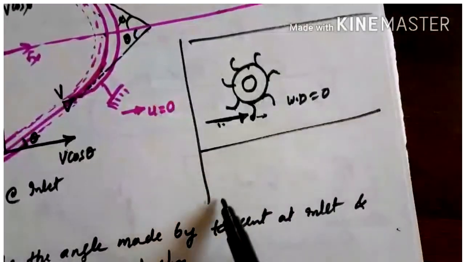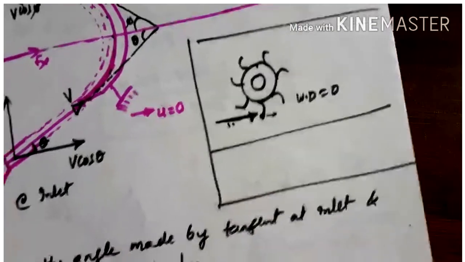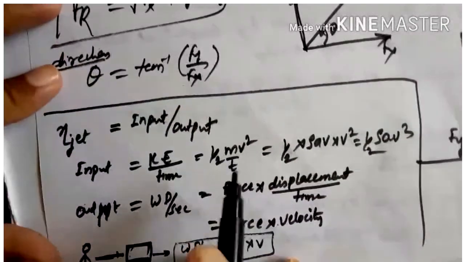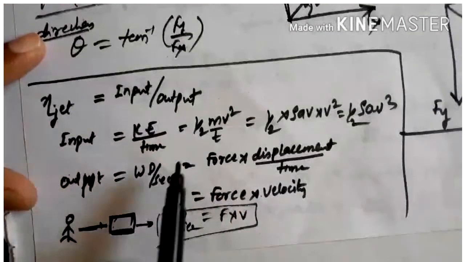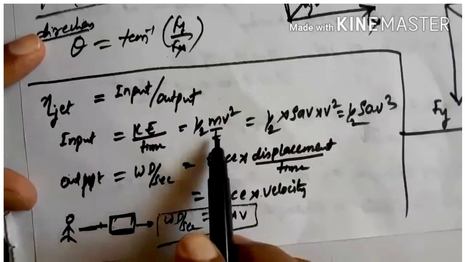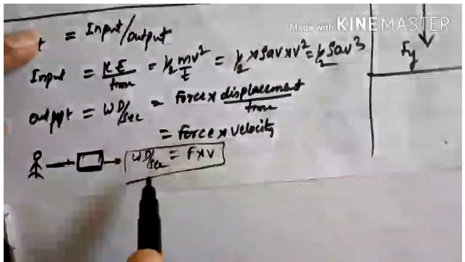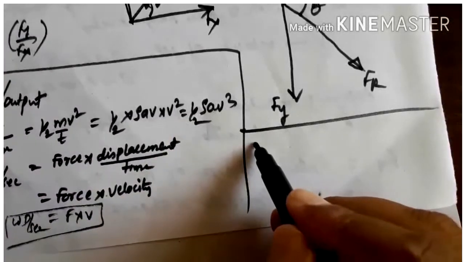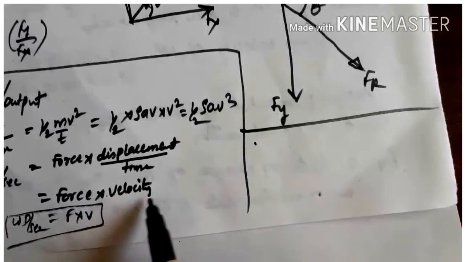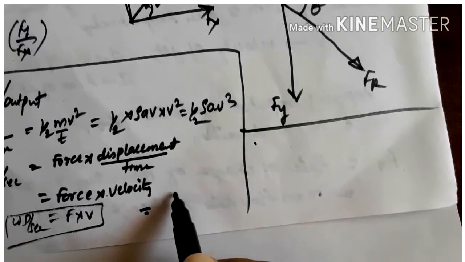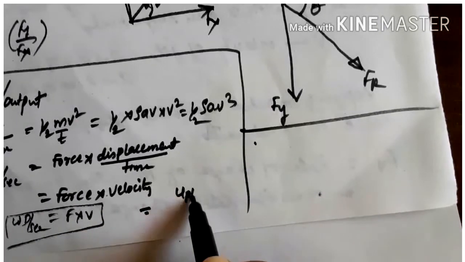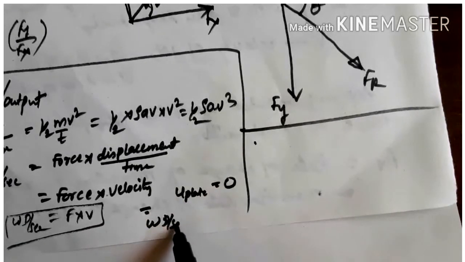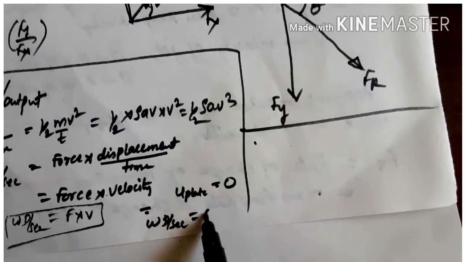If you want to calculate efficiency in these cases, the efficiency of the jet is output by input. Input is the kinetic energy per unit time, and the output is force into velocity. But in all the cases, what is the velocity of the plate we have taken? 0. Hence the work done per second, that is the output, will be 0.